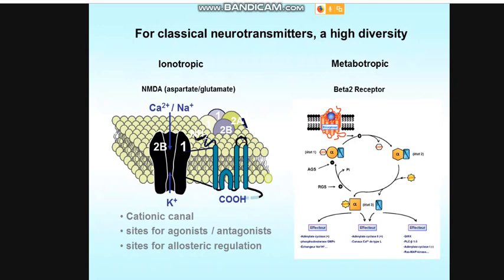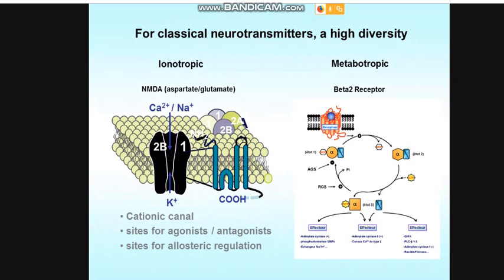So for instance, here you have the situation for one of the most famous receptors, which is the NMDA receptor for glutamate. I think you have all heard about NMDA receptors.